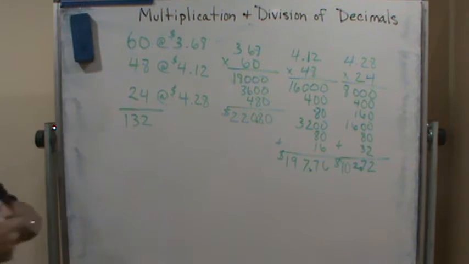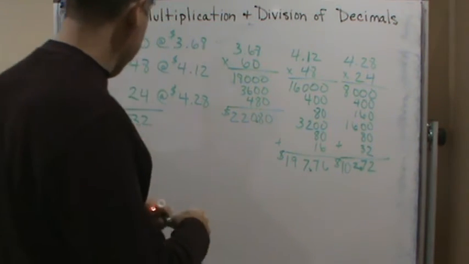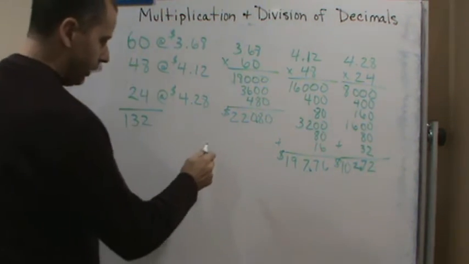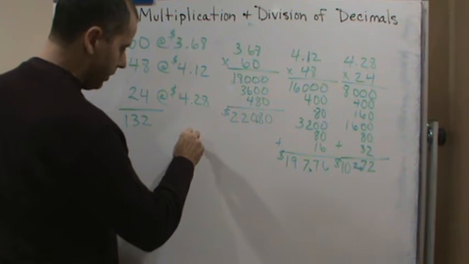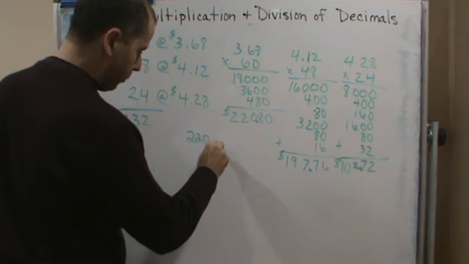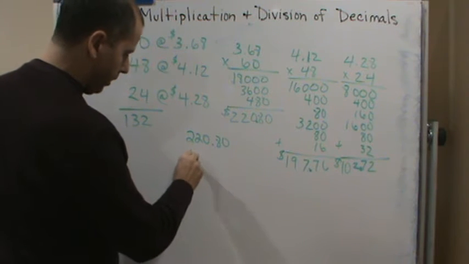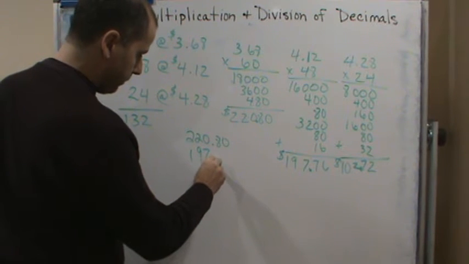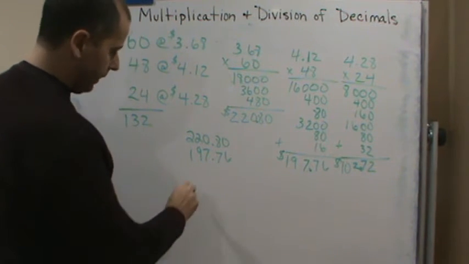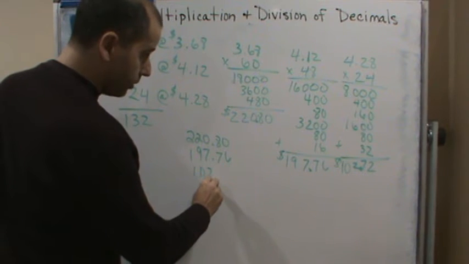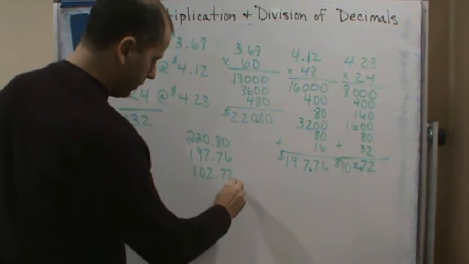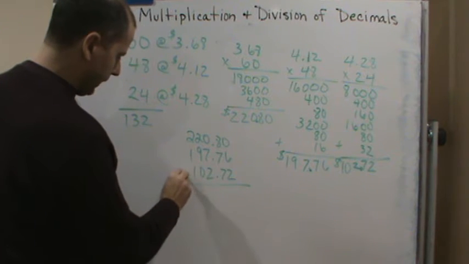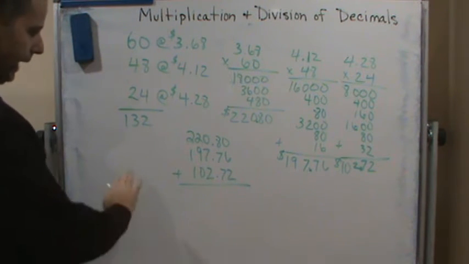Okay, now I got to add these 3 up. So I get 220.80, 197.76, and 102.72. And now I'm going to add these up, going left to right.